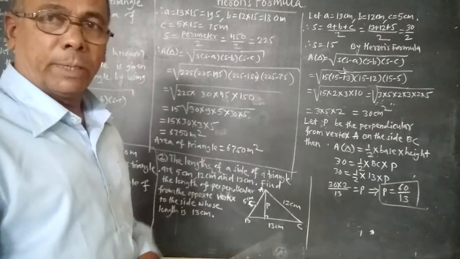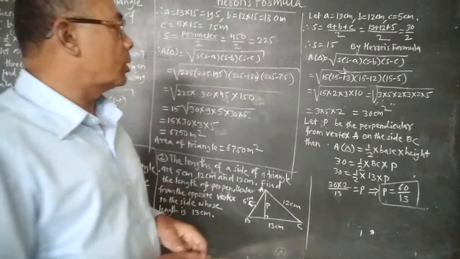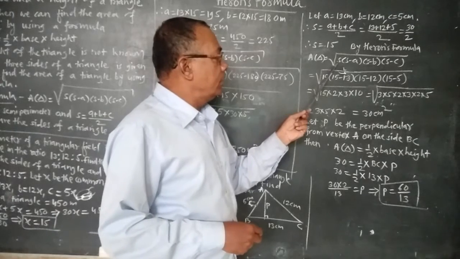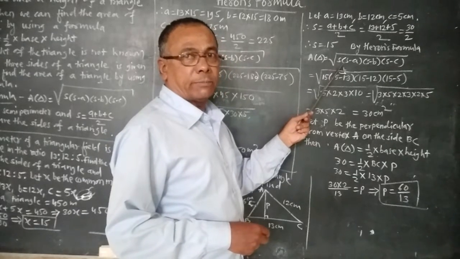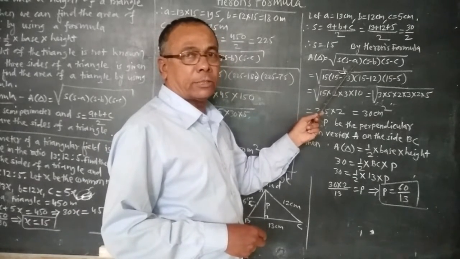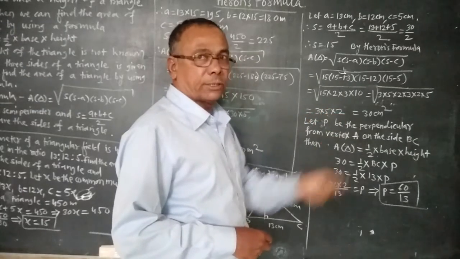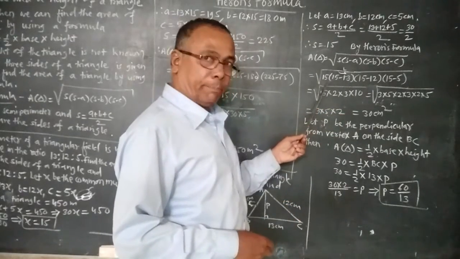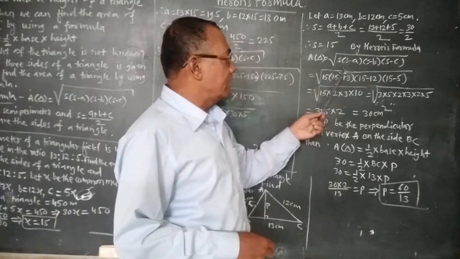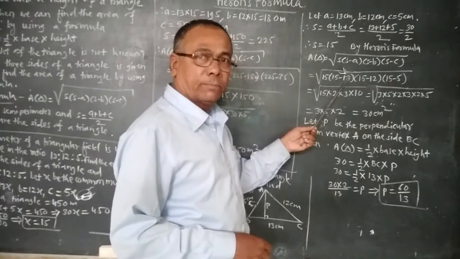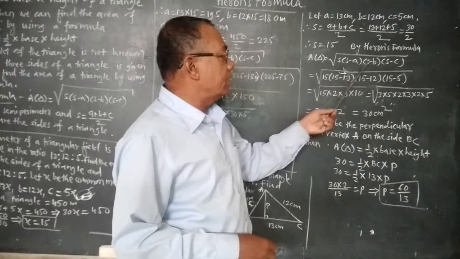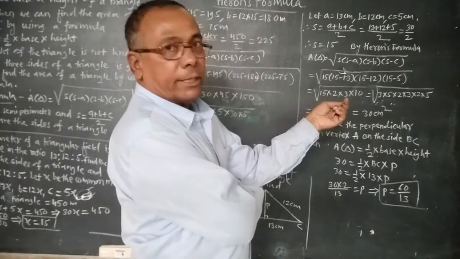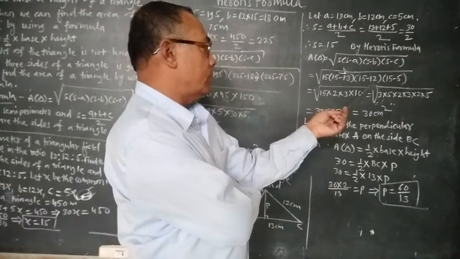Now by Hero's formula, area of the triangle is equal to under root S into first bracket S minus A into second bracket S minus B into third bracket S minus C, and that is equal to under root S is 15, into first bracket S minus A means 15 minus 13, into second bracket S minus B, that is 15 minus 12, and in the third bracket S minus C, that is 15 minus 5.